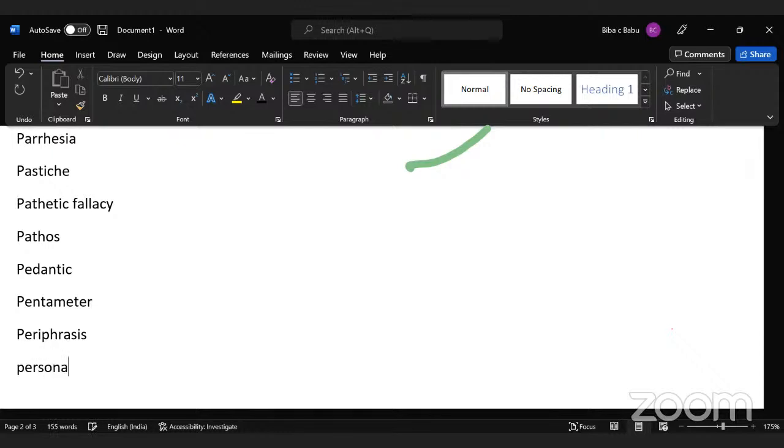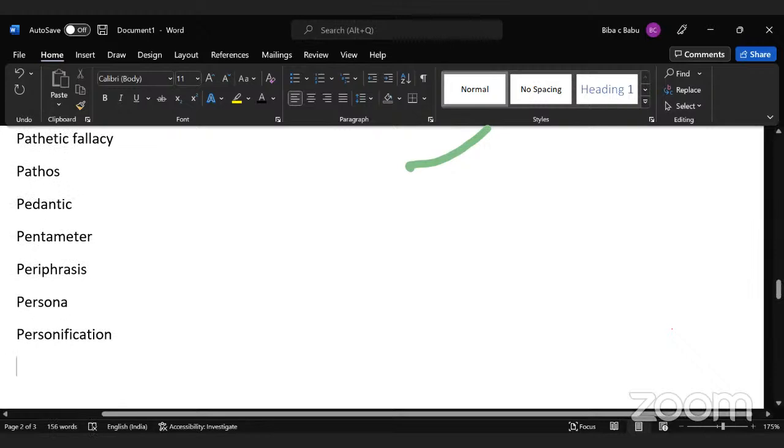Next is persona. Persona is mainly used in poetry. It means a voice or character that represents the thoughts of the writer. The character is the mouthpiece of the writer. The writer wants to say something, and they say it through the voice of the characters. That is persona. Next is personification.